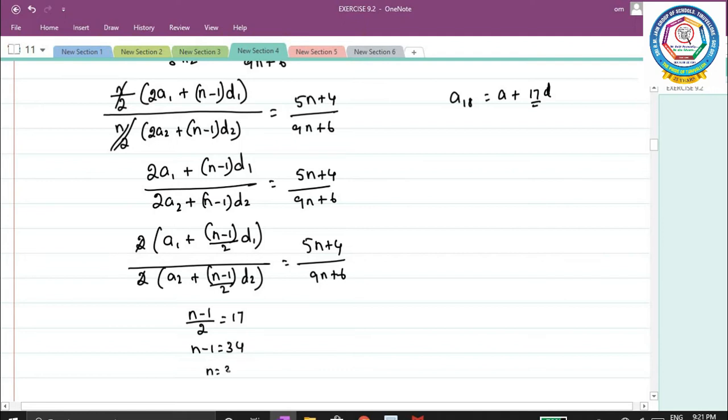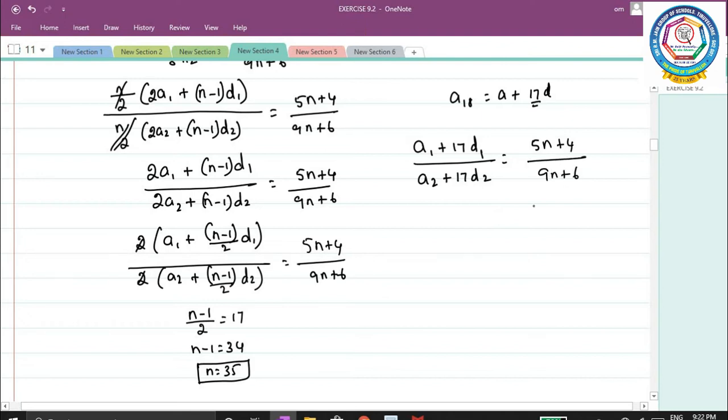Therefore n is equal to 35. So we got n. But the question asks for the ratio of the 18th terms. So (a1 plus 17d1) by (a2 plus 17d2) is equal to 5n plus 4 by 9n plus 6.